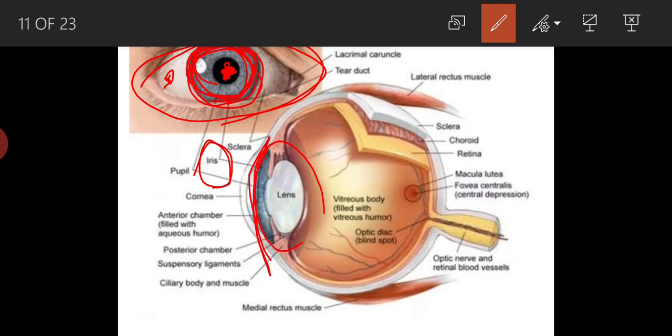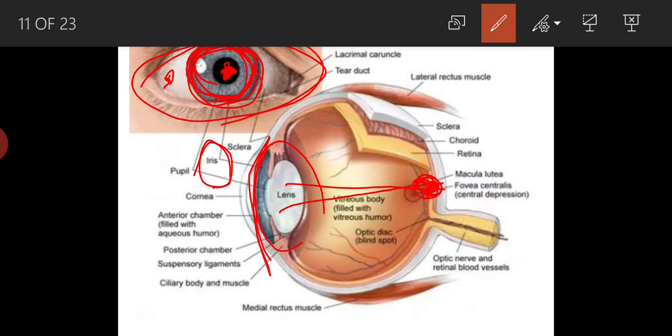Whatever light enters the pupil will go inside the eye, and it will fall on the lens. When this light falls on the lens, as it is a biconvex lens, it will converge the light rays, and this lens will form the image exactly on the retina.